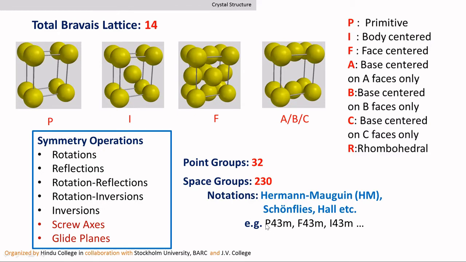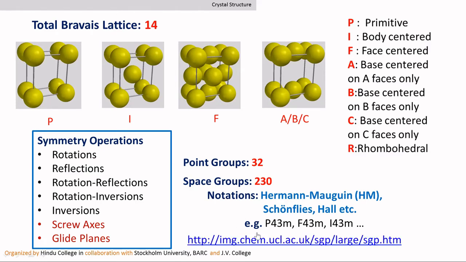The first one represents the centering in the Bravais lattice. P stands for primitive, I stands for body-centered, F stands for face-centered, and A, B, C stand for end-centered. And the next 3 represent the prominent symmetry operations.